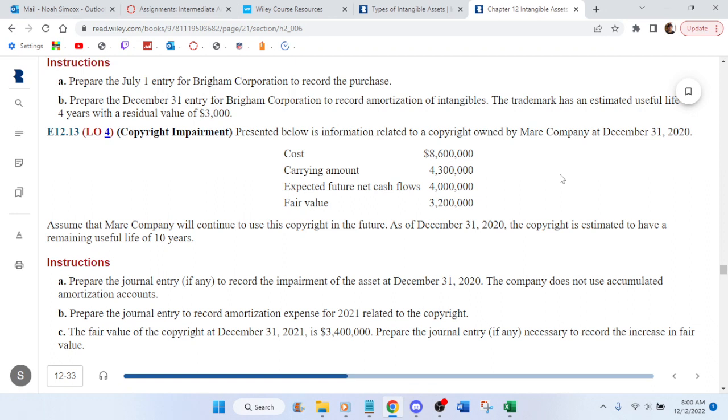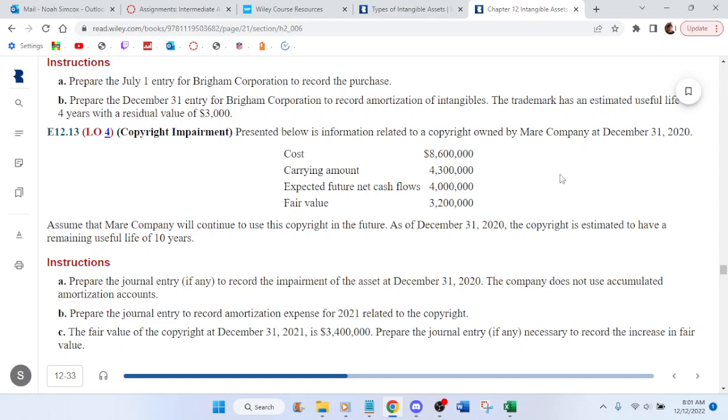Record impairment of the asset. So, we have a definite life, therefore you check the expected future net cash flows of 4 million compared to carrying amount. It's less than, so there. Then you subtract the fair value. You have a loss of 1 million.